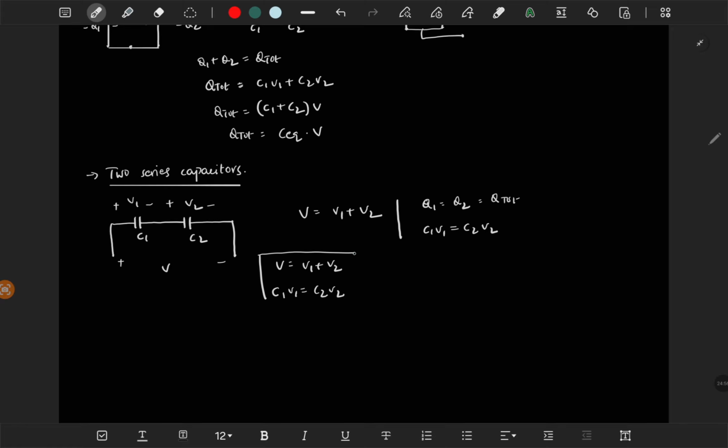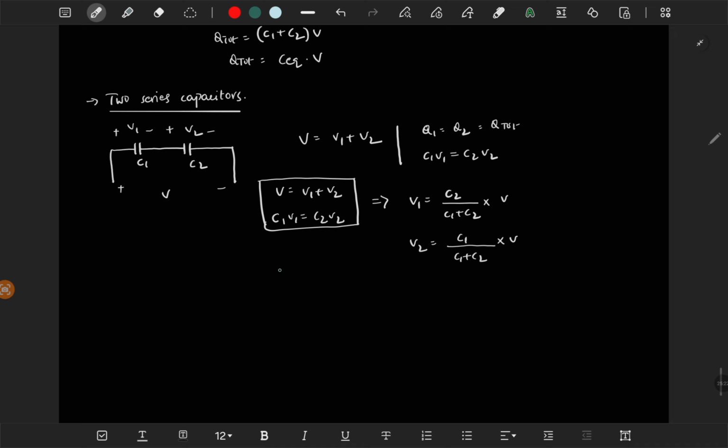If you solve these expressions, then you will get V1 is equal to C2 by C1 plus C2 times V. Similarly, V2 is equal to C1 by C1 plus C2 times V, and Q is equal to C1 C2 by C1 plus C2 times V.